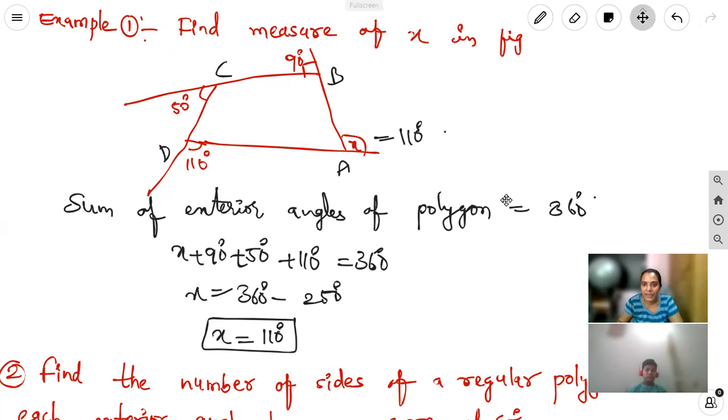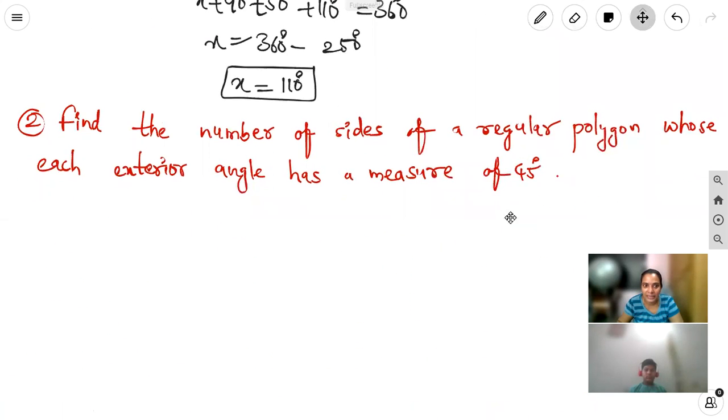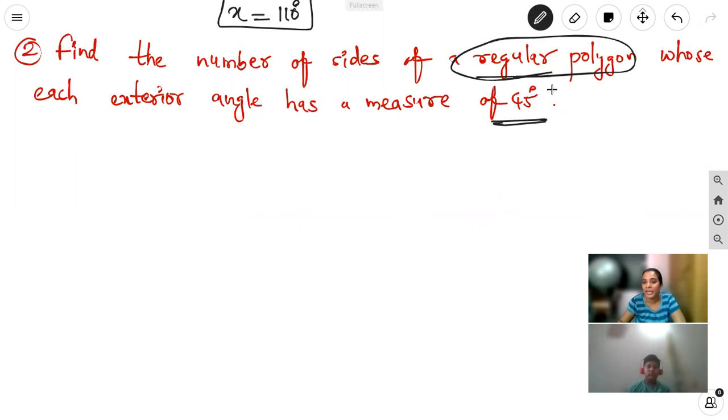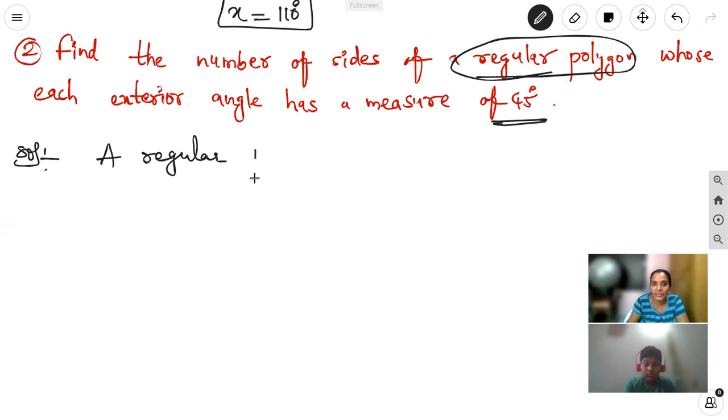In the same way we are discussing the second example problem. Find the number of sides of a regular polygon whose each exterior angle has a measure of 45 degrees. One more thing is regular polygon. Again we can recall the definition.